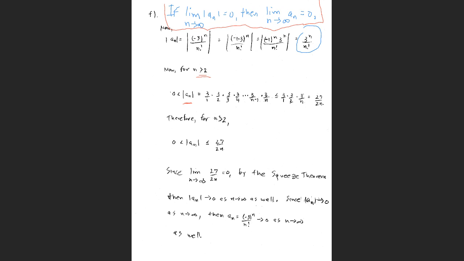If I take 3 squared over 2 factorial, that equals 3 squared over 1 times 2, which is 3 over 1 times 3 over 2.